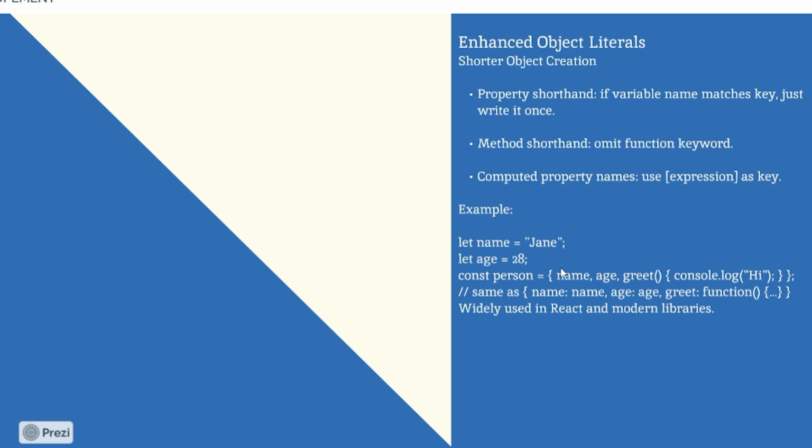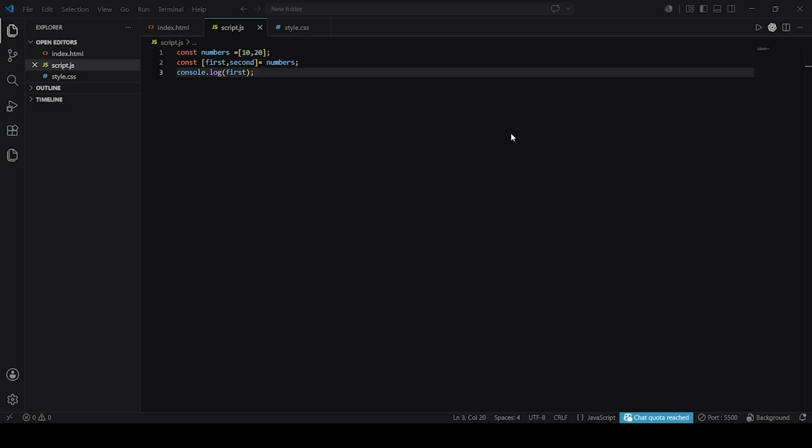Now const person with name, age, greet, and then console.log is hi. Same as name: name, age: age, greet as a function. You can see the simple example in code.